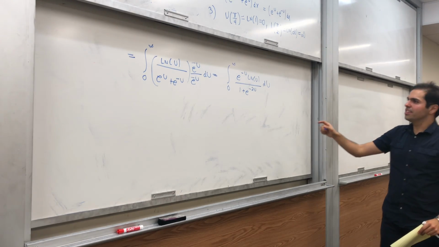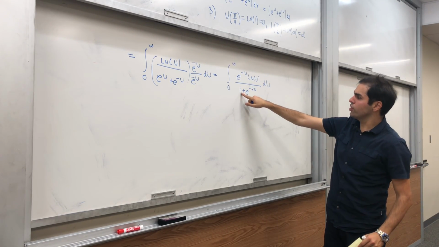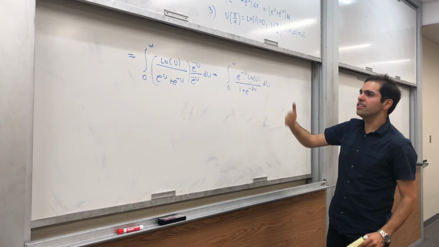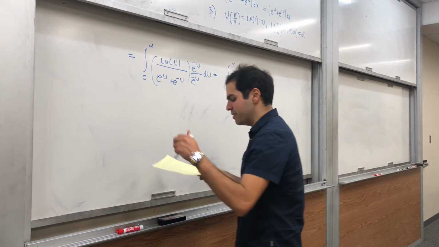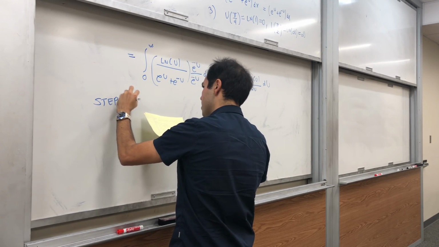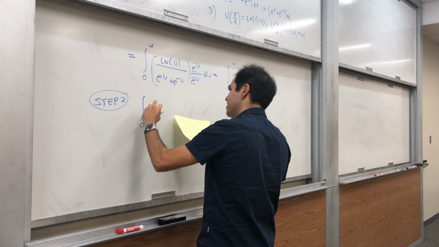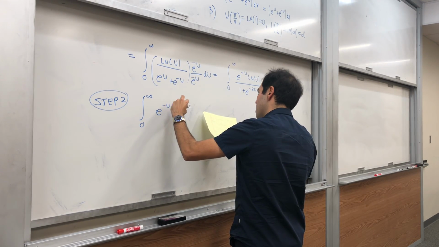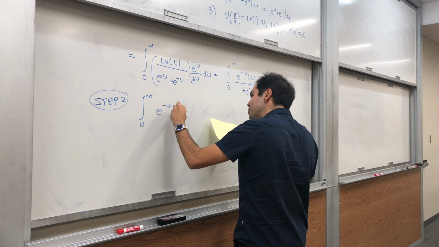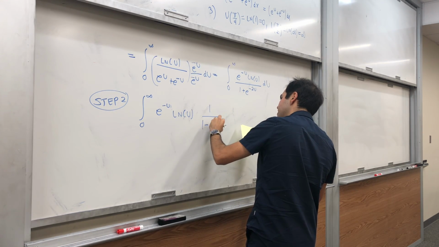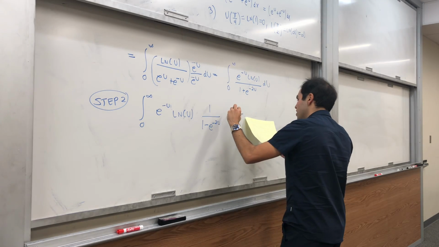And the nice thing is, this junk here becomes 1 over 1 minus this, so we can use a power series. So the second step is just to write it as an integral from 0 to infinity e to the minus u ln of u times 1 over 1 minus minus e to the minus 2u du.